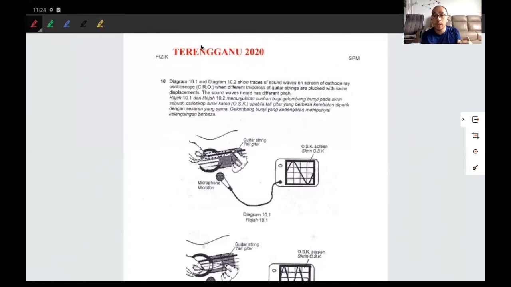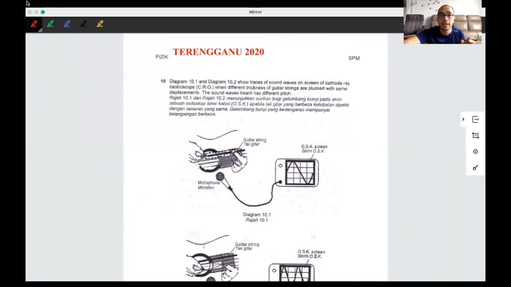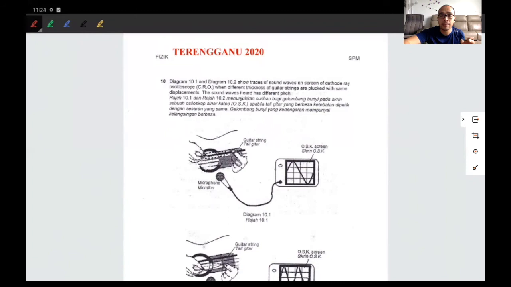And the reason why I want to highlight this is because last year SPM, if I'm not wrong, the question that came out was on electromagnetic waves.